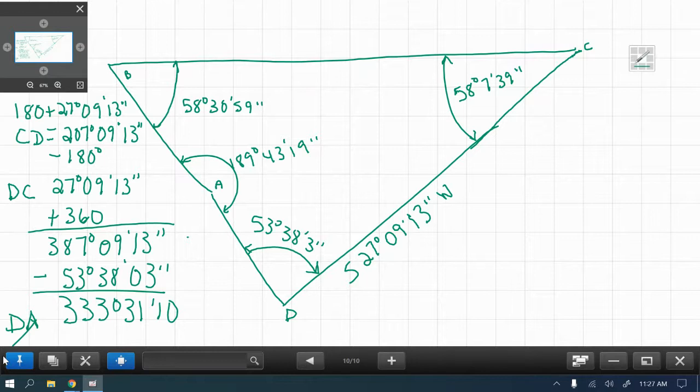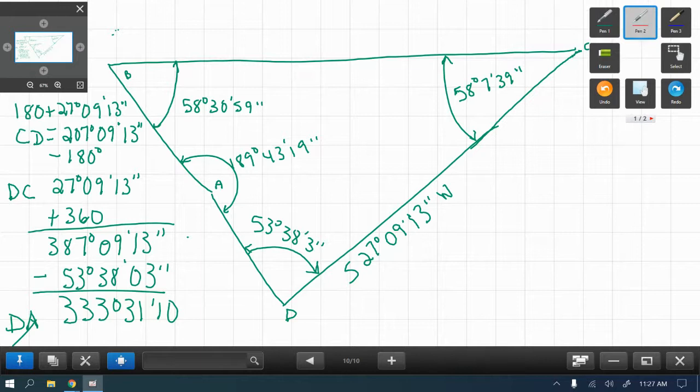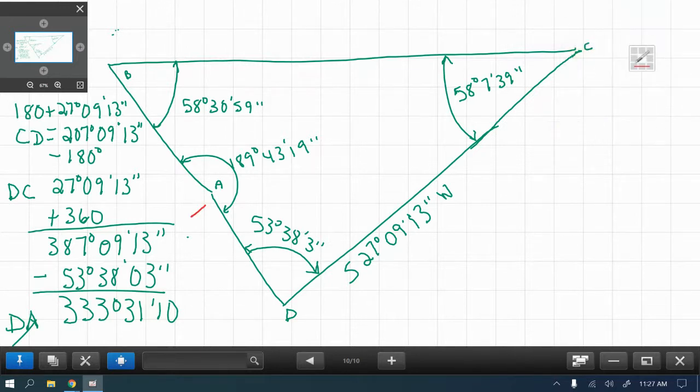That would leave me with, so it should be north 26 degrees, 28 minutes, 50 seconds.